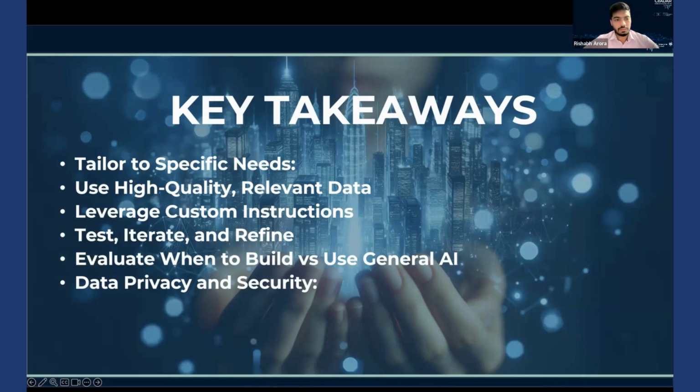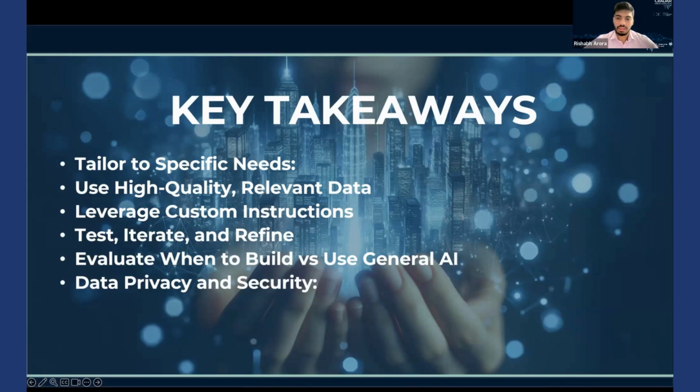And then another one is evaluating when to build versus using general AI. So we need to test, iterate, and refine our model regularly based on feedback and real use cases. For example, we have used the two bots here. You will get the links and then you can interact with the bots and see what can be improved in them, or if a different use case can be built altogether.